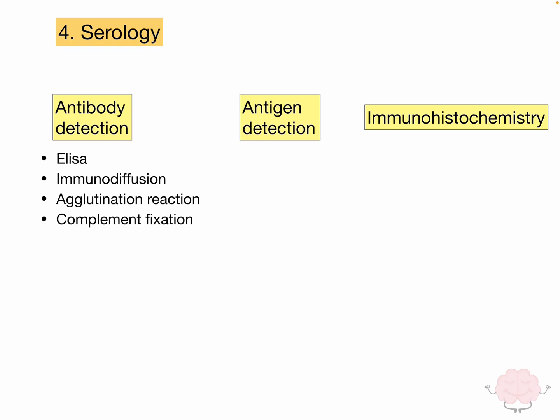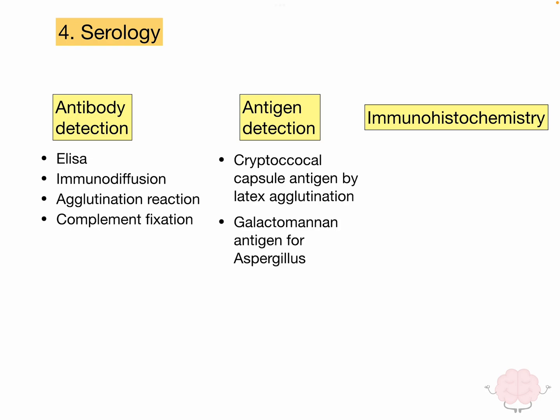In antigen detection, we can detect cryptococcal capsule antigen by latex agglutination. We can detect galactomannan antigen for Aspergillus, or beta D glucan antigen for invasive fungi. These antigens act as biomarkers for the fungus in the blood or serum sample.